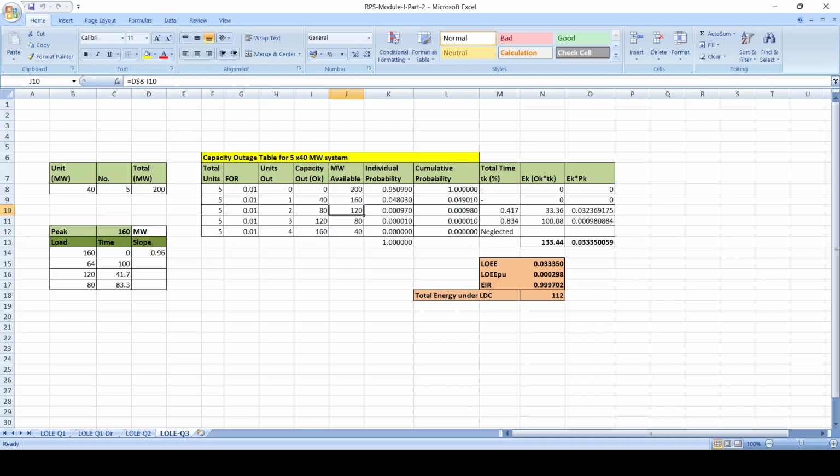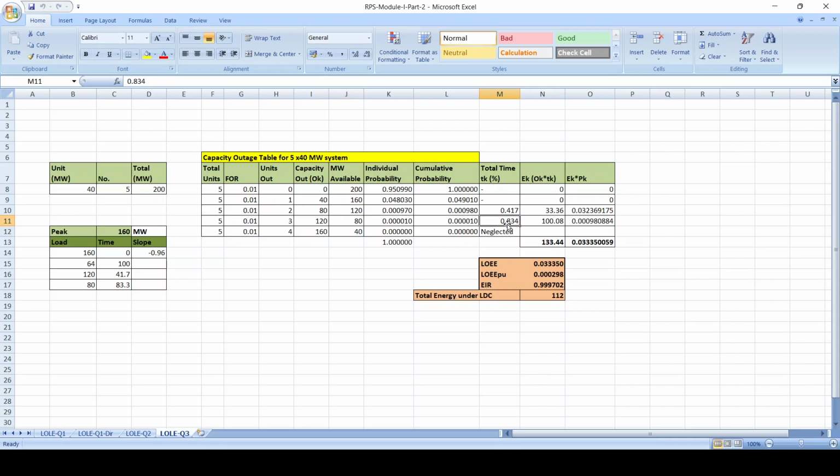Okay, so we have to see this from the curve as we saw in the last class. We have to get 120 megawatt in the ordinate, and then we have to get the corresponding time in the abscissa, which is 41.7%. Okay, this we have seen in the last class. So refer to the last class if you want to understand this. Similarly, we'll take 80 megawatt in the ordinate or y-axis and get the corresponding time in the x-axis, which is 83.4%.